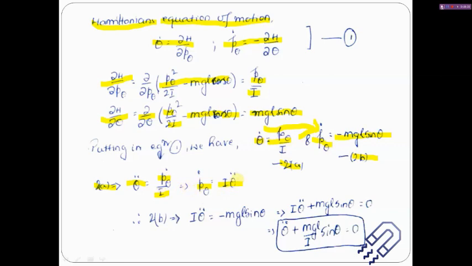So I can replace it here. p theta dot can be written as I theta double dot, which is equal to minus mgl sin theta. So we can write it as I theta double dot plus mgl sin theta is equal to 0. Or we can divide through by I, and we have theta double dot plus mgl by I sin theta equals 0.